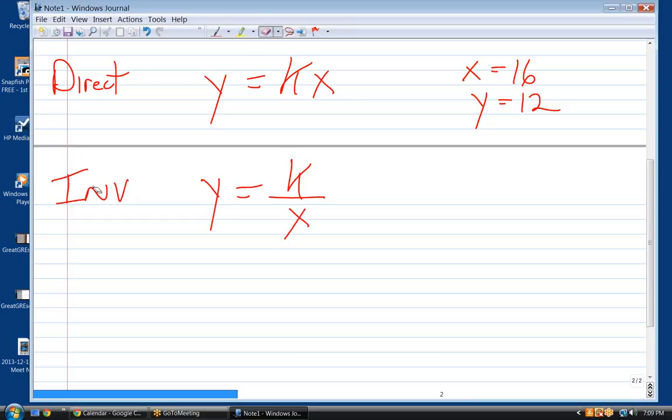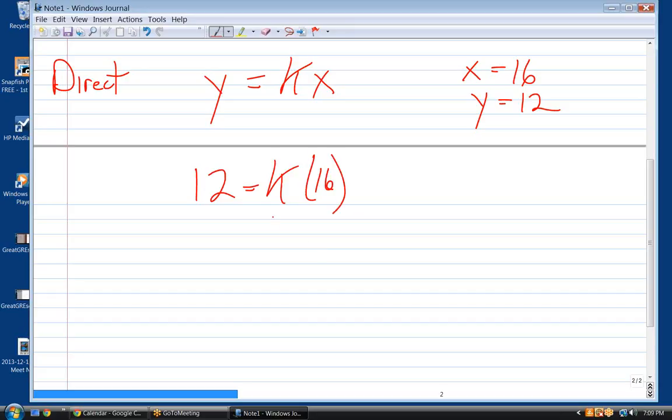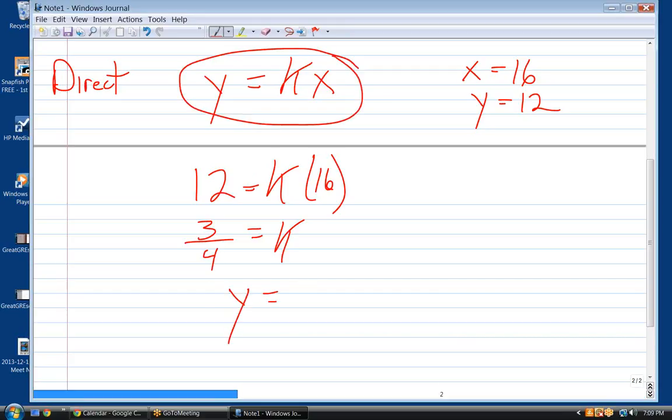Since they said this is direct, we're going to plug in the x and y that they gave us. 12 equals k times 16. Solve for k. K equals 3/4. Now we have the specific. This is called the general. Now we have the specific equation.